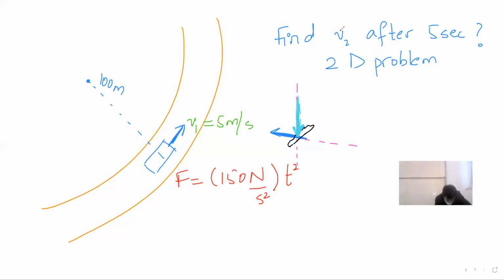How many agree that the normal force will be acting like this? And the force will be acting like this. Oh, this is just a horrible drawing. That's what I said, it is hard. So let me try one more time. I'm trying to make a 2-dimensional car.